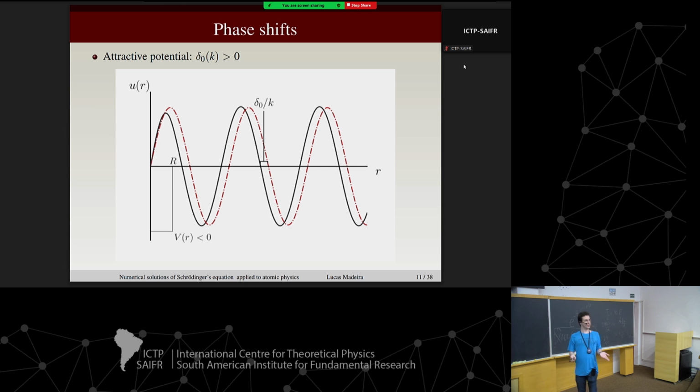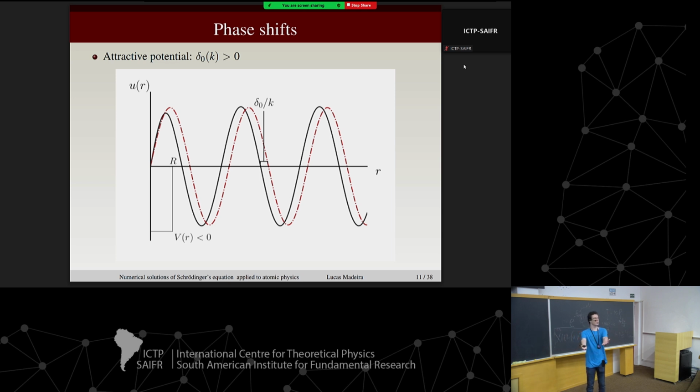Have you seen this picture before? Yes, right? So what's going on here? The dotted dashed line is the free particle solution, so it will be a solution that you get if you set V equals 0 in your equation. And if you put an attractive potential near the origin, what's going to happen? The wave function will be pulled towards the origin, right?